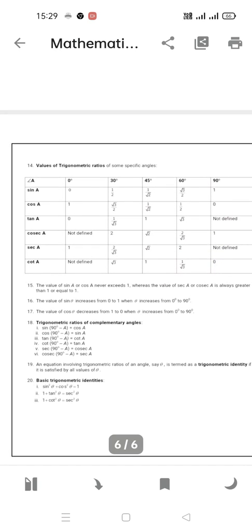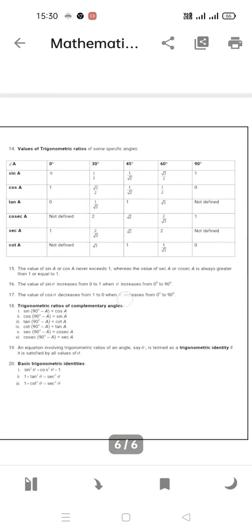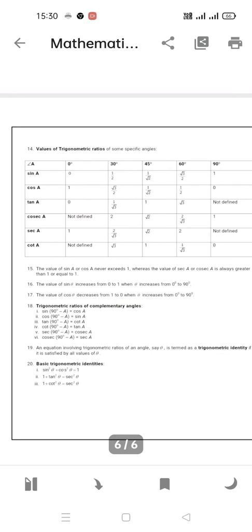16th point: the value of sine theta increases from 0 to 1 when theta increases from 0 degree to 90 degree, and the value of cos theta decreases from 1 to 0 when theta increases from 0 to 90.